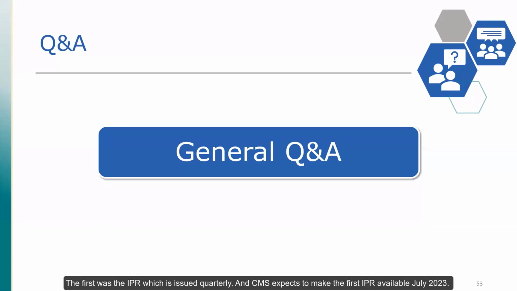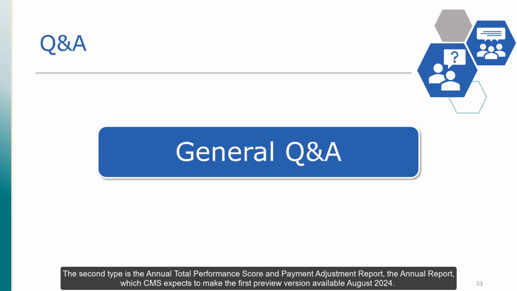The first was the IPR, which is issued quarterly, and CMS expects to make the first IPR available July 2023. The second type is the annual total performance score and payment adjustment report, the annual report, which CMS expects to make the first preview version available August 2024.